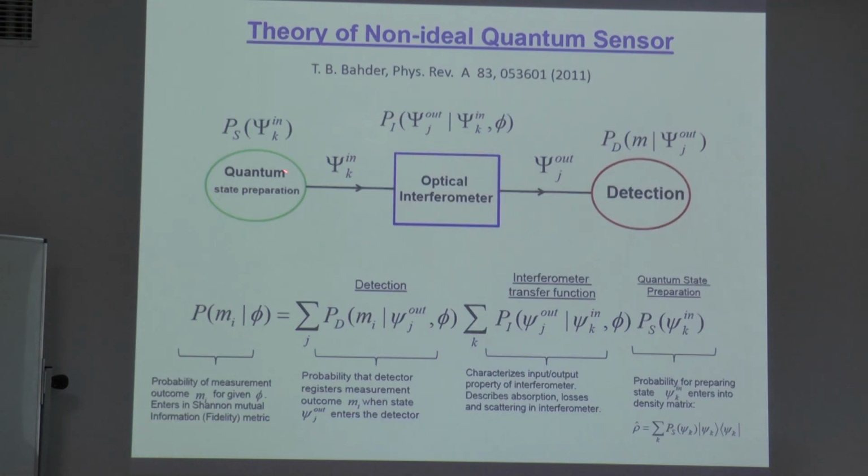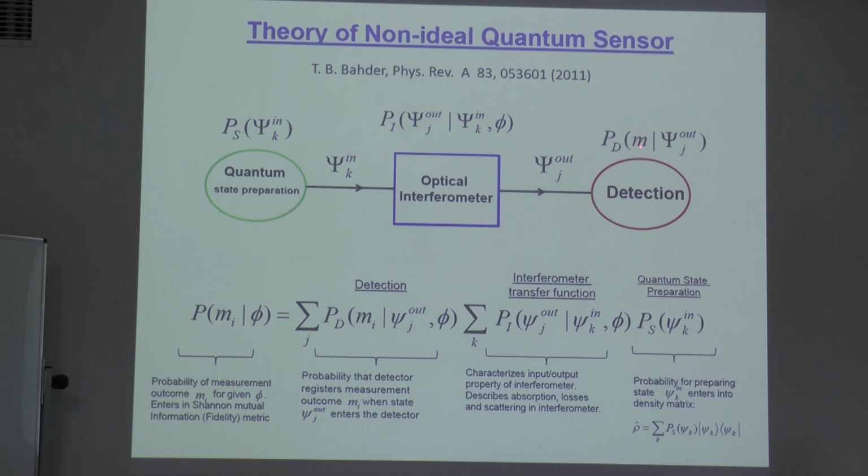So here, for the state preparation, you might want to say, well, there's a certain probability of an input state. You're not able to have exactly the state you want, so you're really inputting a density matrix. That goes into the optical interferometer, and there's a probability of getting a state psi out, given that a state psi in came, so that's like a transfer function, and then there's a probability that you have a certain measurement m, given that you had an output state go into the detector.